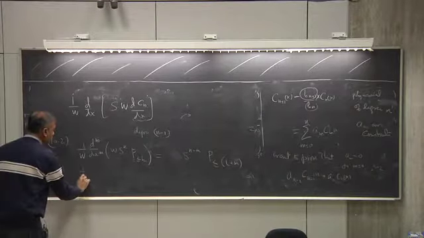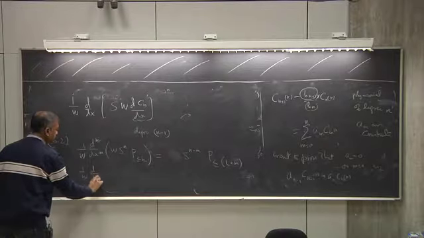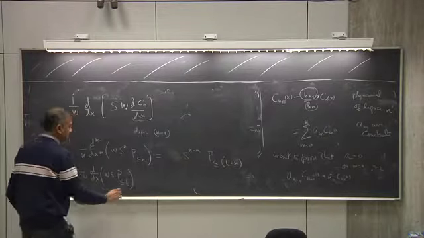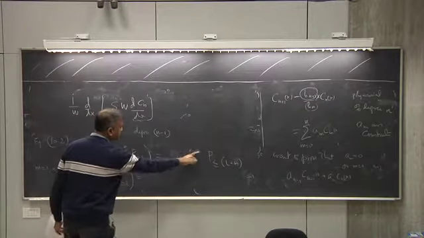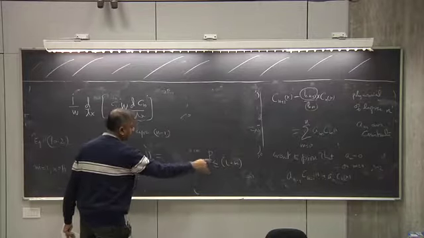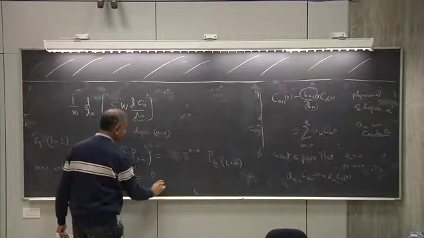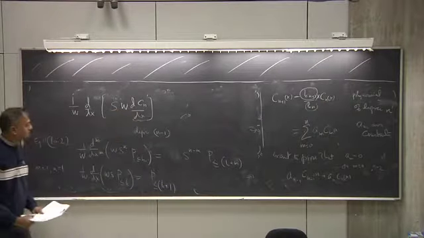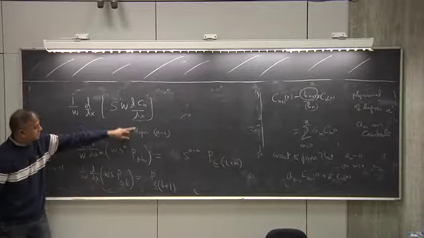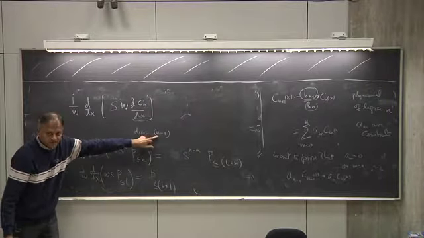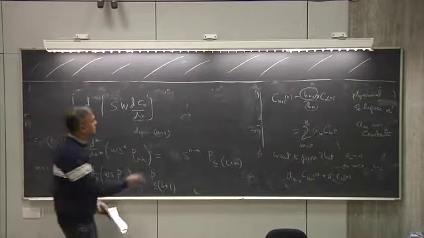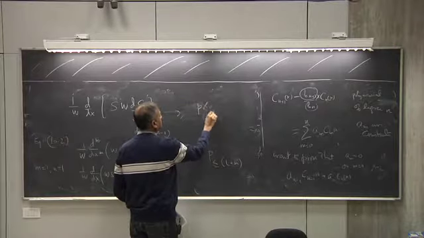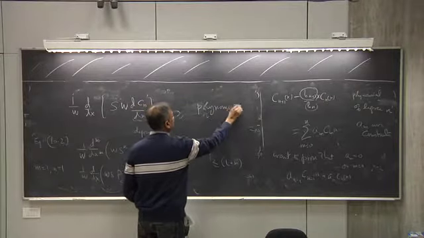So 1 over w, d over dx acting on w s times a polynomial of degree less than or equal to k, is s to the n minus m, with n equal to m equal to 1, so that is s to the 0, which is 1, times a polynomial of degree less than or equal to k plus 1, because m is 1. Now apply this here, but this is a polynomial of degree n minus 1. So when I apply this, this is going to give me a polynomial of degree n.